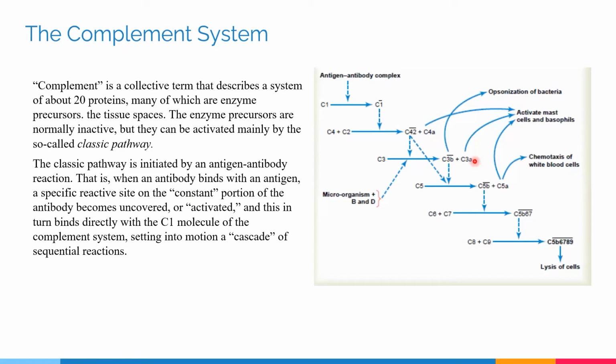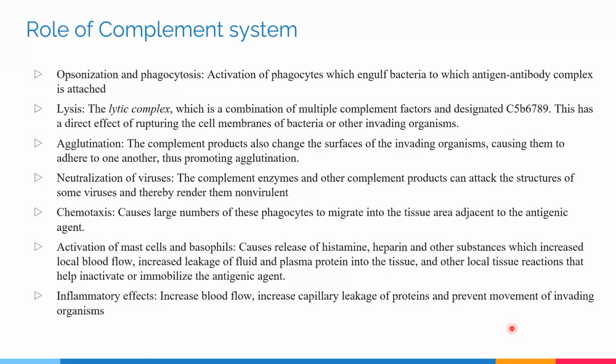Various products in separate stages of the complement system also have separate functions, such as opsonization of bacteria, activation of mast cells and basophils, chemotaxis of white blood cells, and finally, this final lysis complex can also lyse foreign particles. So let us look into the role of the complement system.